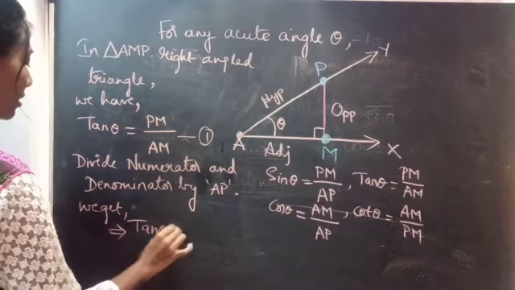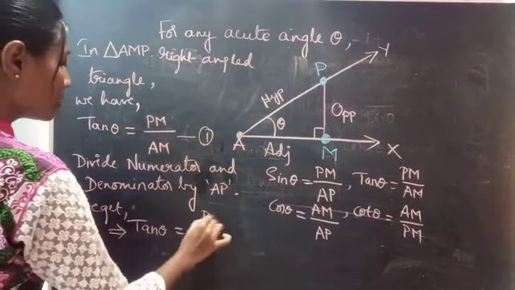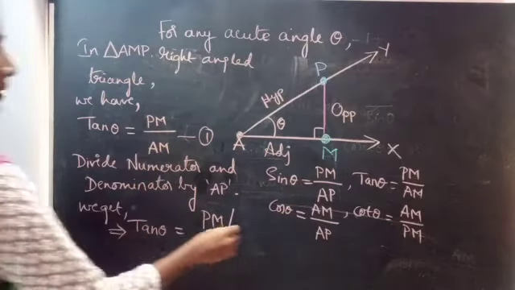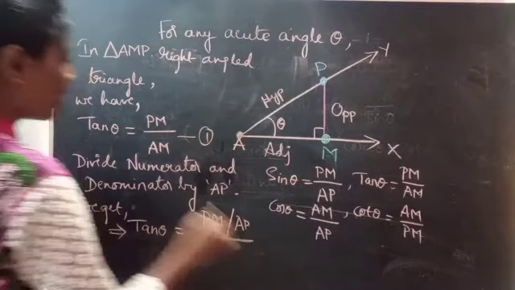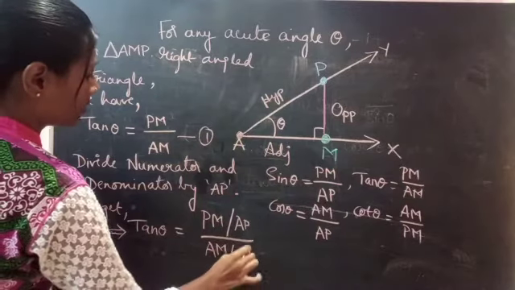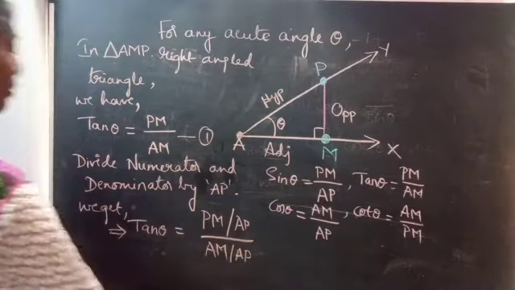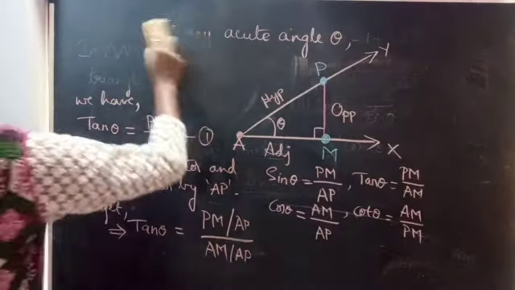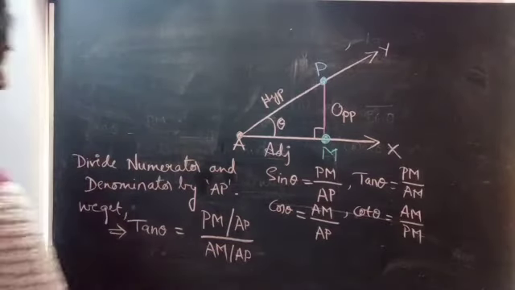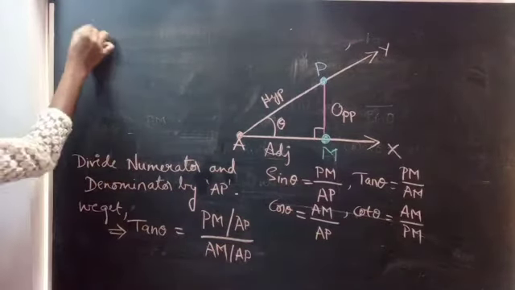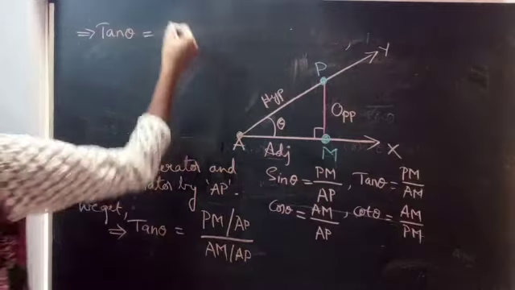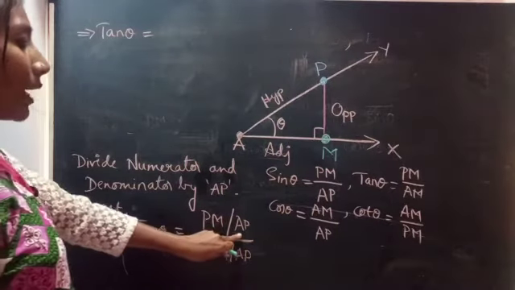Tan theta is equal to PM. So you have to divide numerator by AP and denominator by AP. So this implies tan theta is equal to PM by AP.